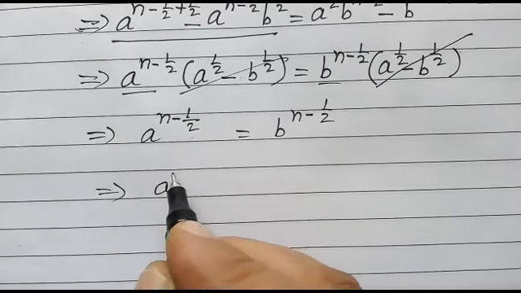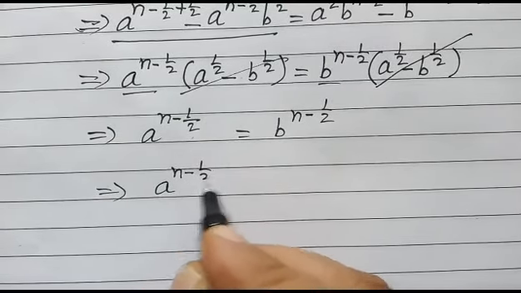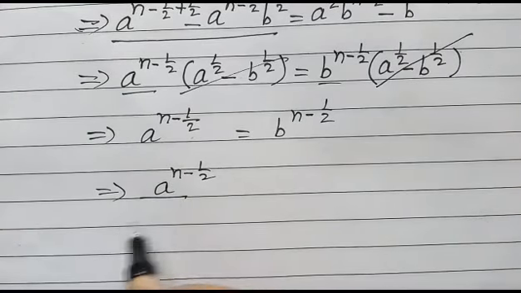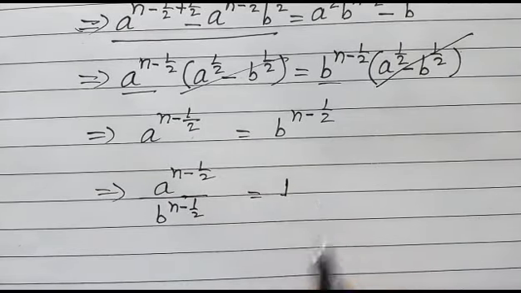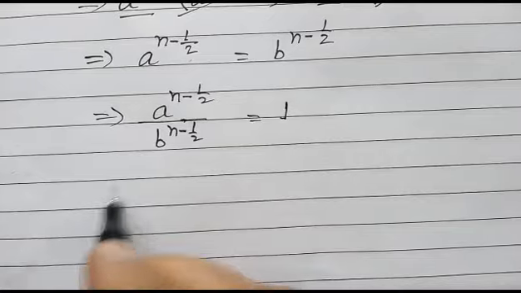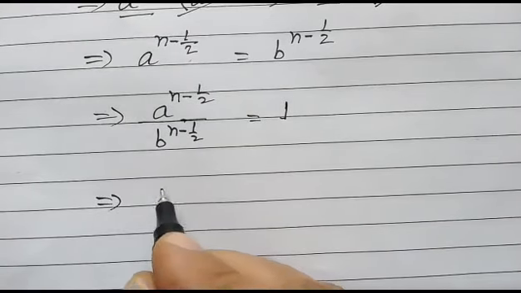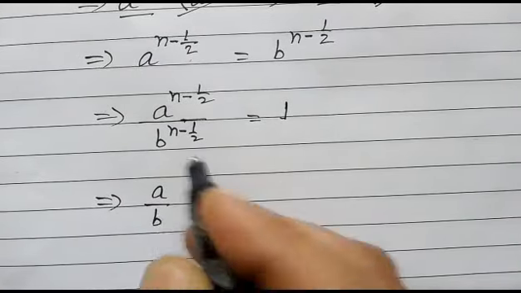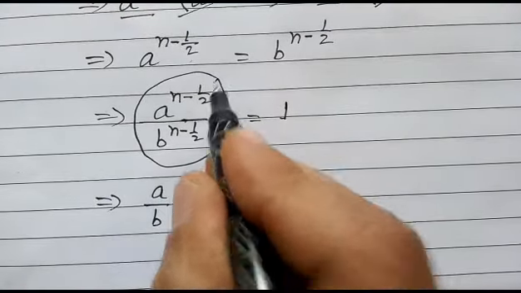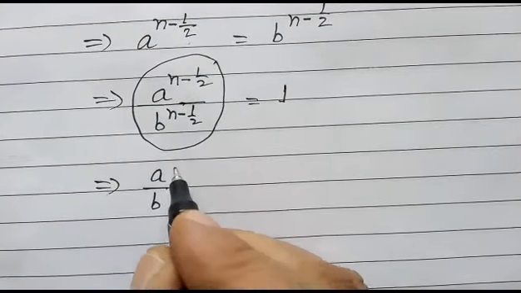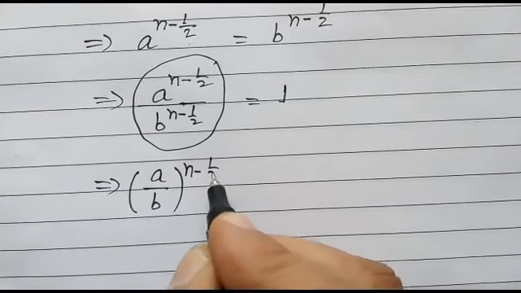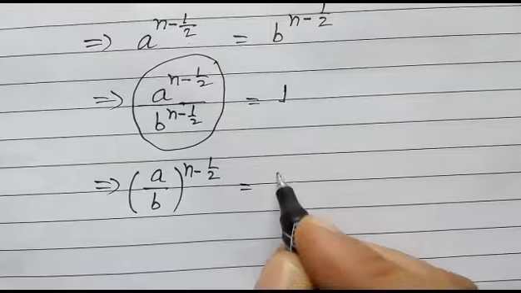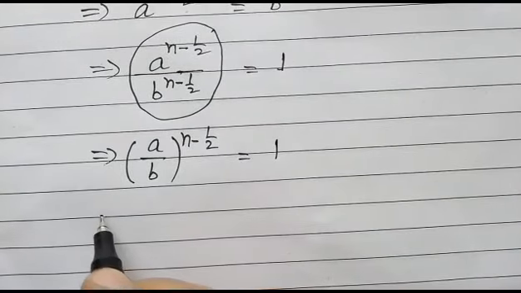So a^(n-1/2) over b^(n-1/2) is equal to 1. So a over b, this value can be written as (a/b)^(n-1/2) is equal to 1.